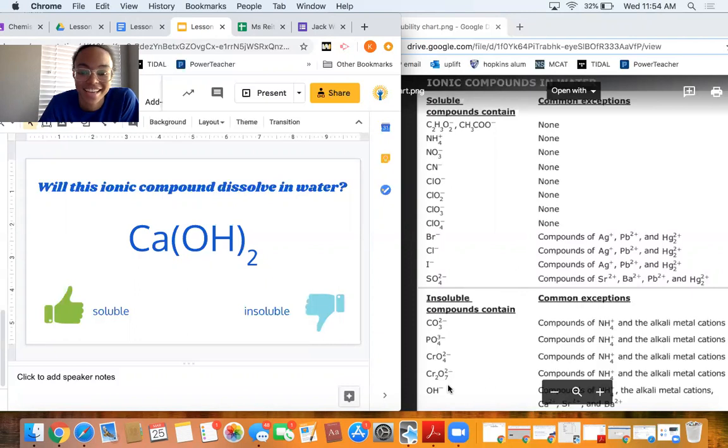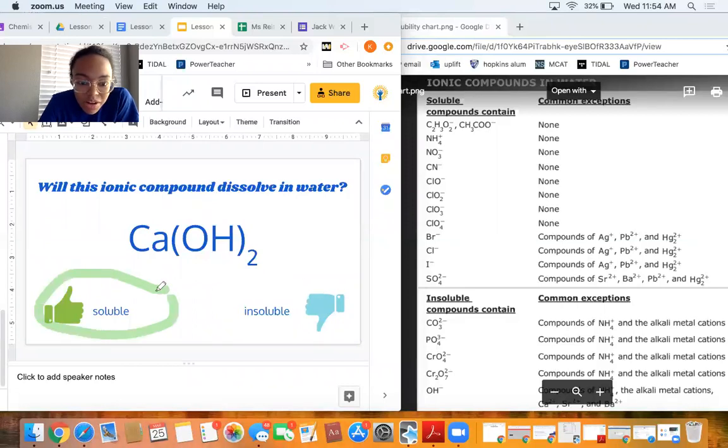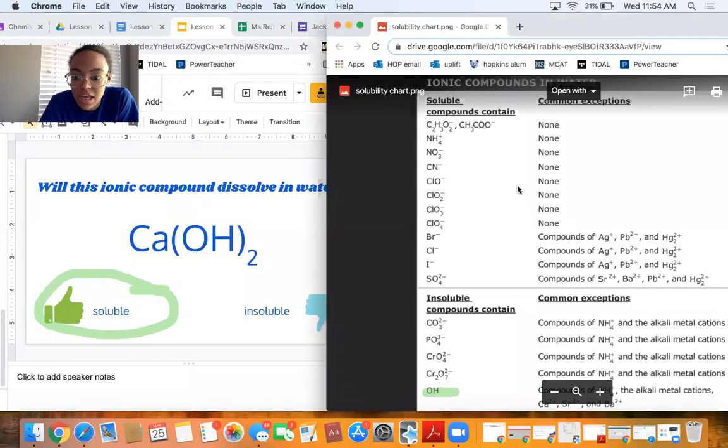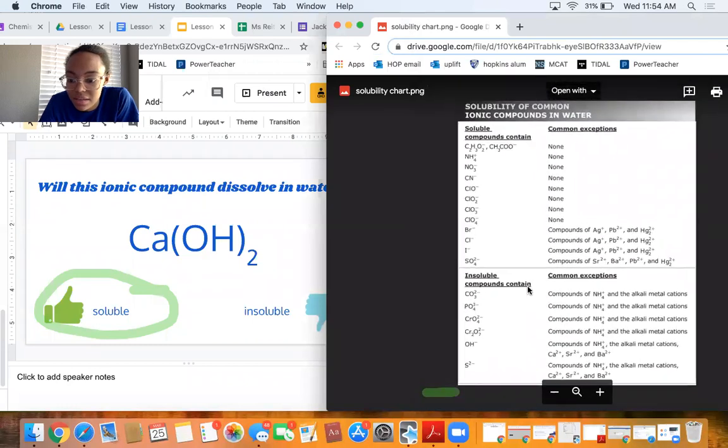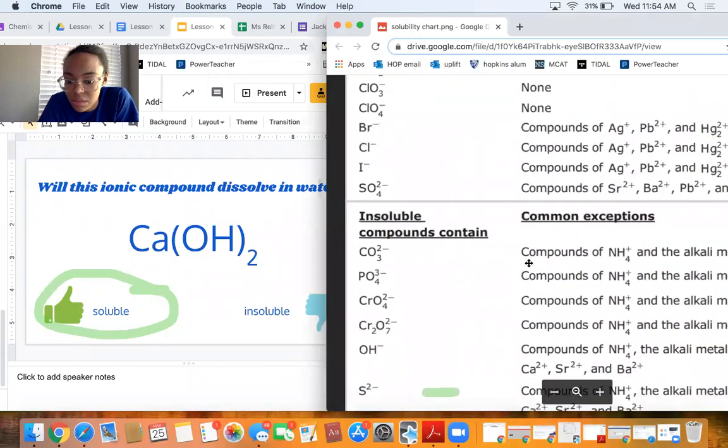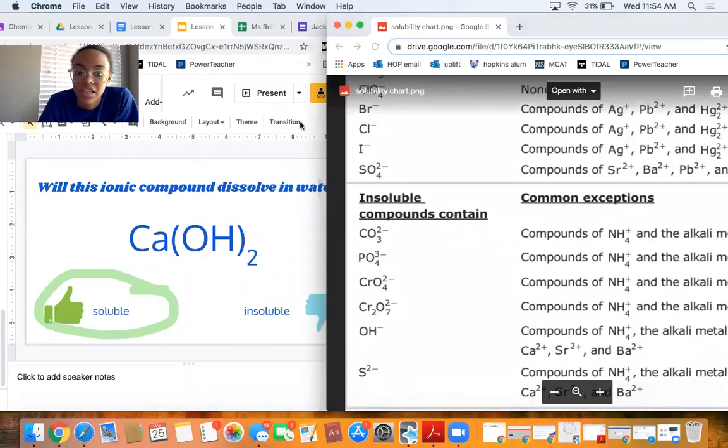Okay, CaOH2. Let's take a look. CaOH2 would be soluble. Yay. The reason for that is OH is listed as being normally insoluble.